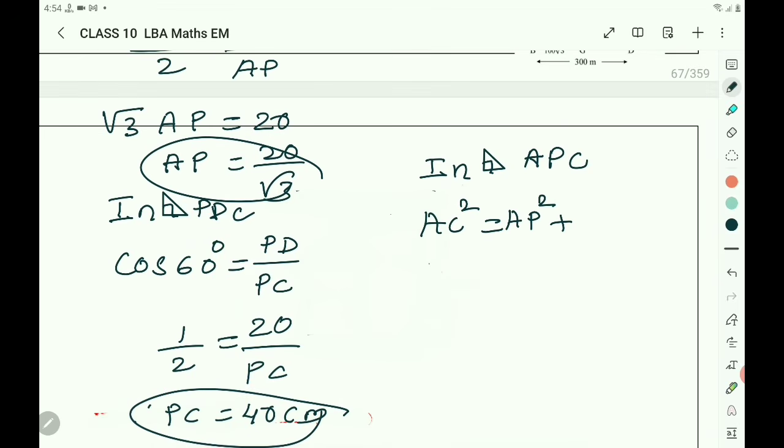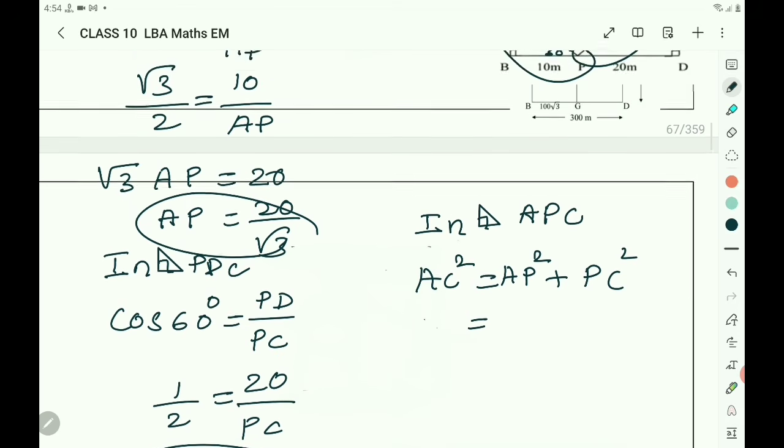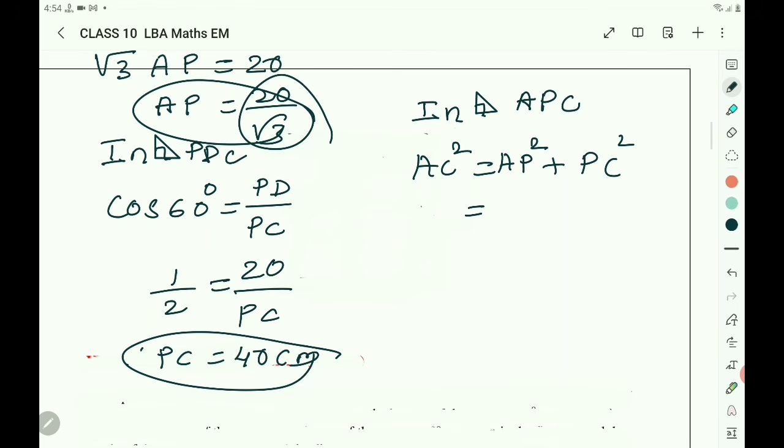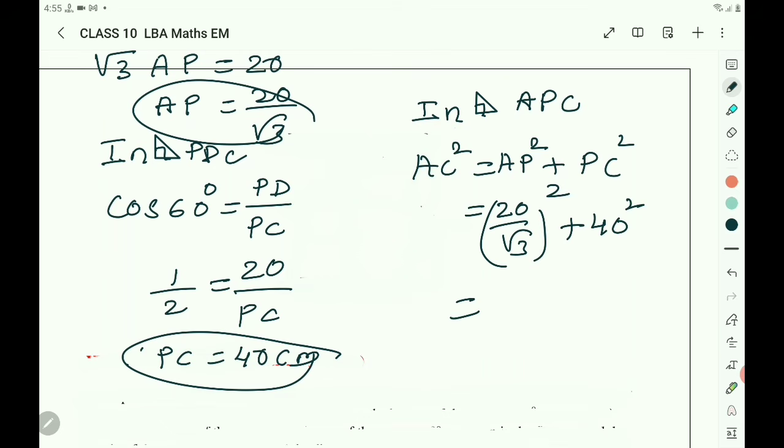AP is equals to 20 by root 3 whole square plus PC is 40 square. 20 by root 3 whole square: 20 square is 400, root 3 square is 3, plus 40 square is 1600.